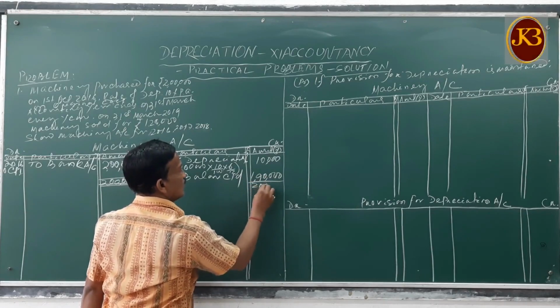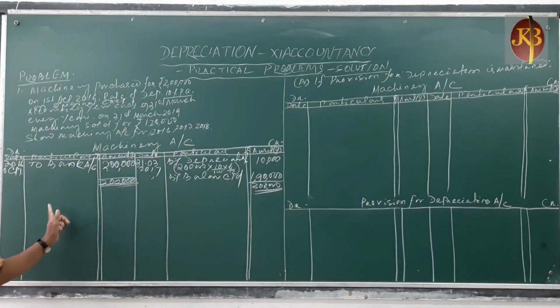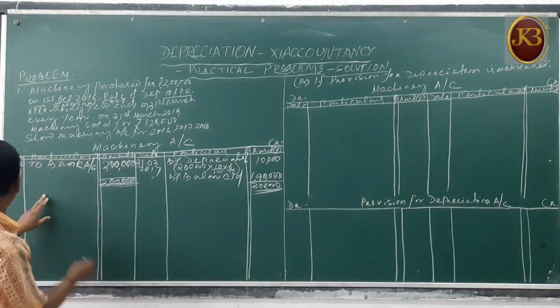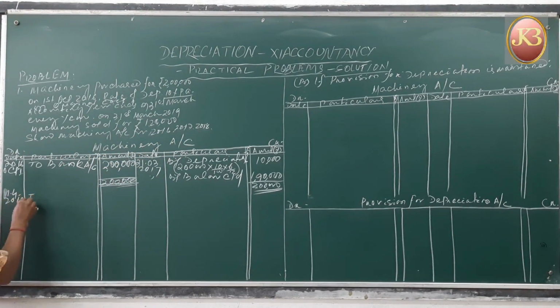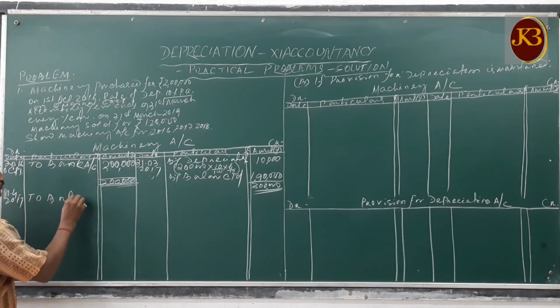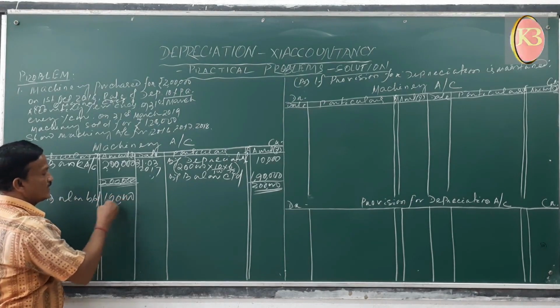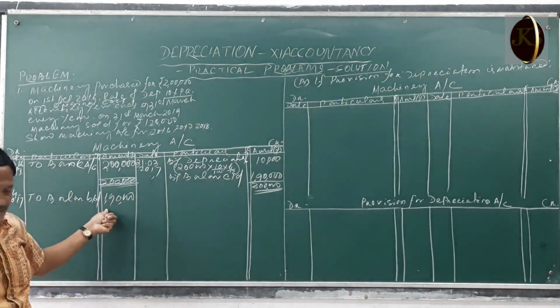So the first year, 2016-17, is closed. Again on 1st April 2017, to balance brought down, 1,90,000. This balance is to be brought forward.